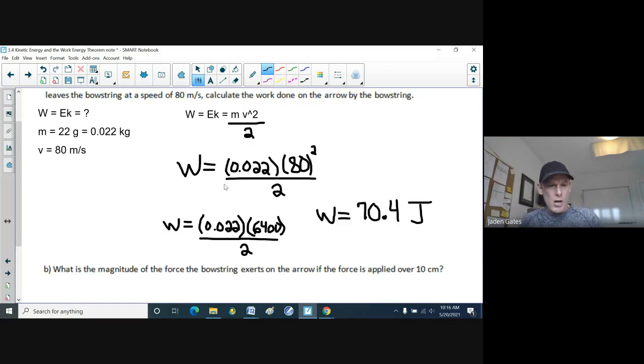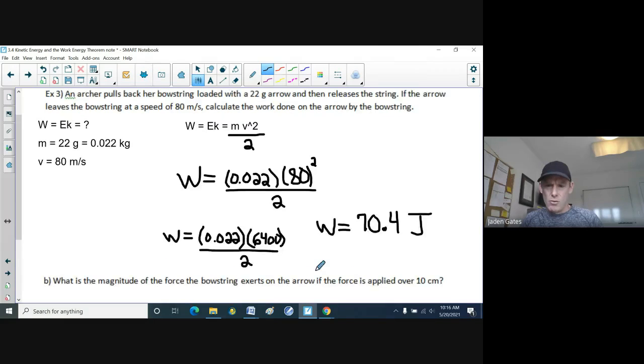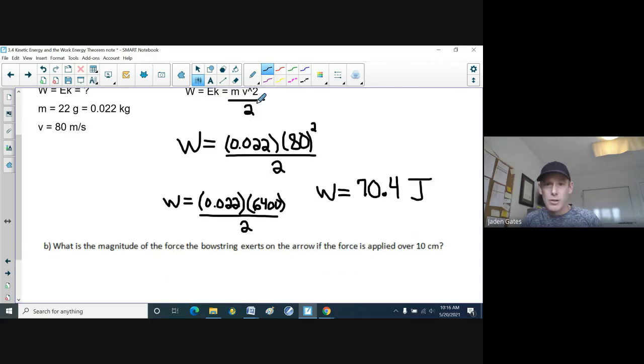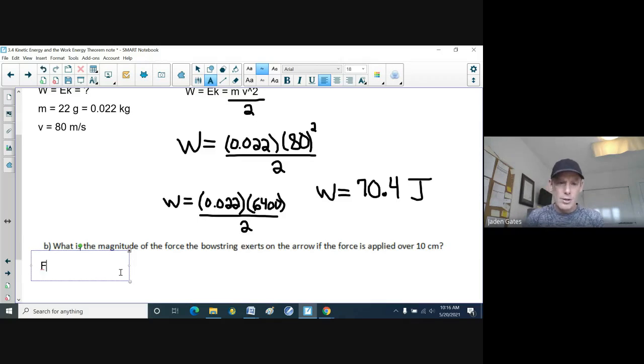All right. Now, what is the magnitude of the force the bowstring exerts on the arrow over 10 centimeters? So again, we are looking for the force. This is going to tie into what we did earlier today. Now, we know how much work was put in here. It was 70.4 joules of energy.